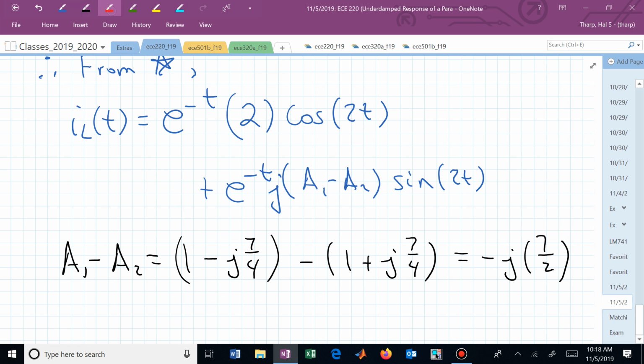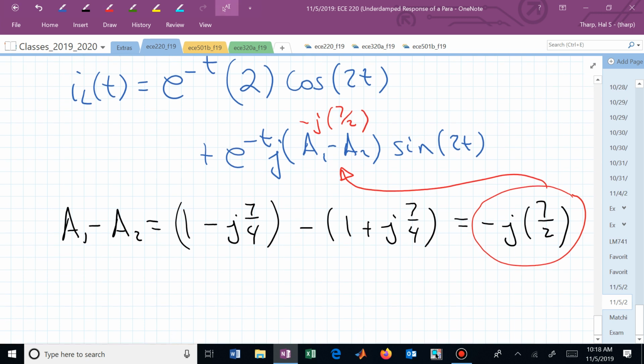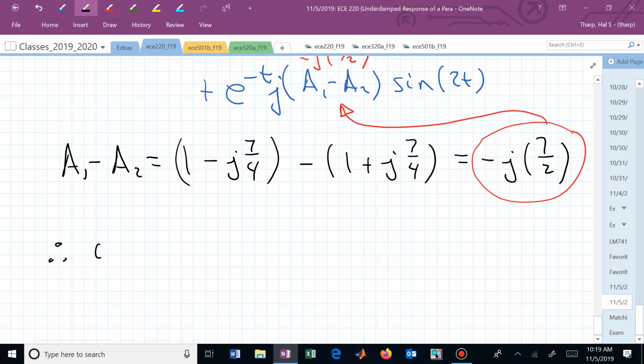And this is what's going to go in right there. That's A1 minus A2. So if we replace this with minus j 7 over 2, I now have j squared with a minus. j squared is minus 1, so I have a minus, that's a plus. And I have a 7 over 2, and the j's are gone. So I now have my I sub L in a form that I was hoping for.